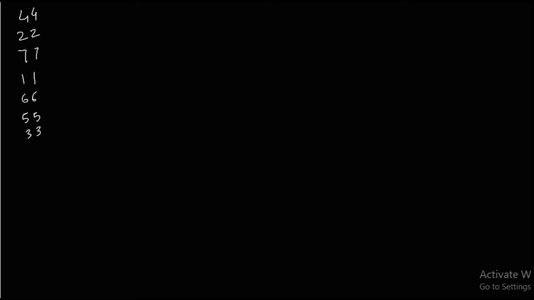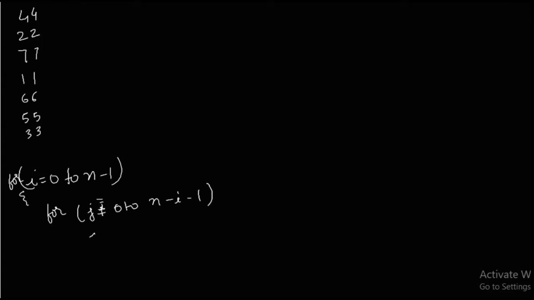So how does it work? Basically, the passes will go from i equal to 0 to n minus 1. So these many passes we need, and then inside we'll have for j equal to 0 to n minus i minus 1, and in this loop we will compare if x[j] is greater than x[j+1].